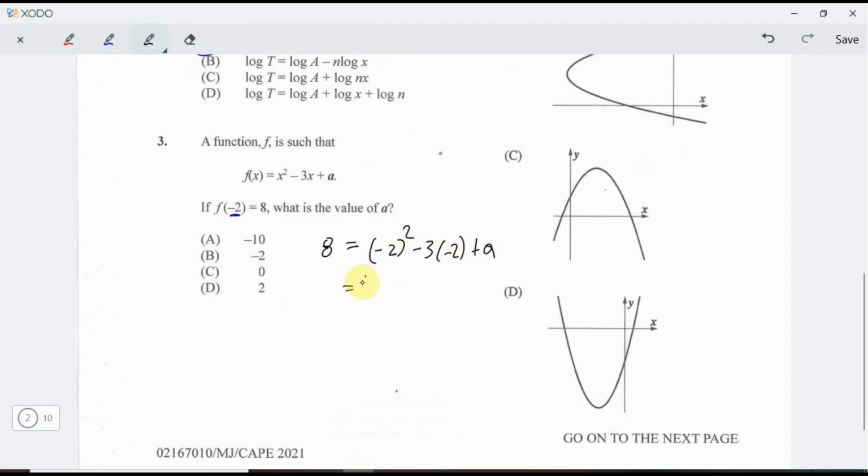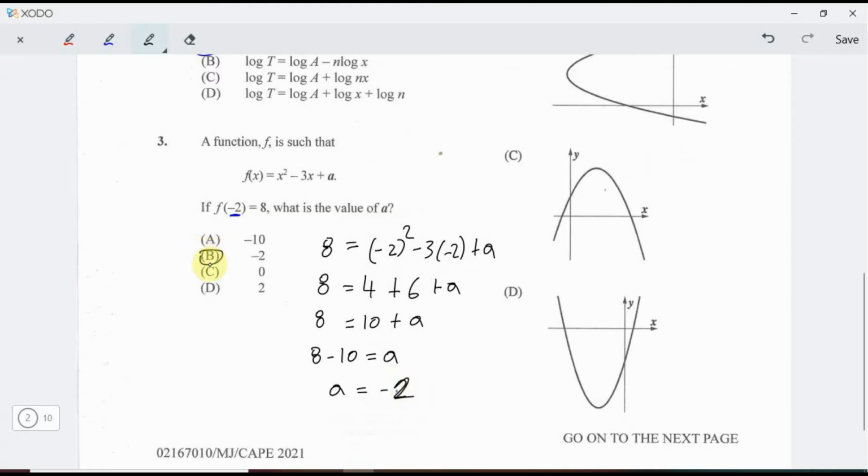Negative 2 squared is 4. Minus 3 times minus 2, remember, is positive 6, plus a equals 8. So we just need to bring everything to one side. So bring over the 4 and bring over the 6, or you can add them first. 4 plus 6 is 10. 10 plus a is 8. And so 8 minus 10 equals a. In other words, a should be negative 2.